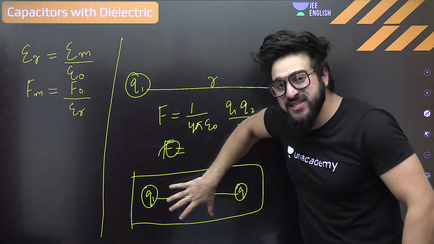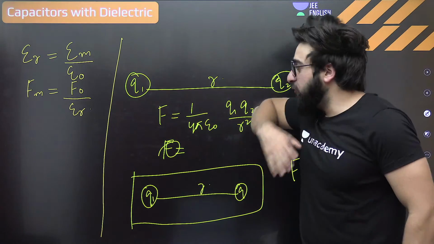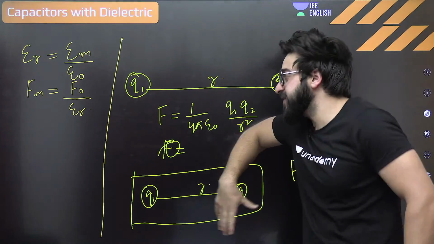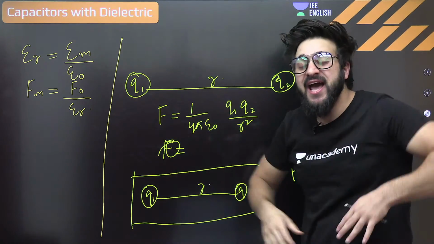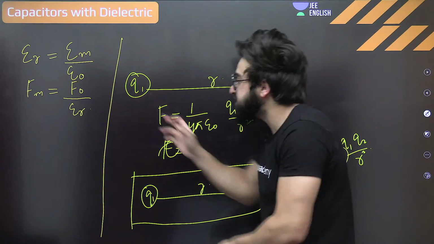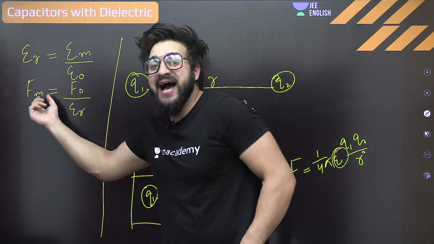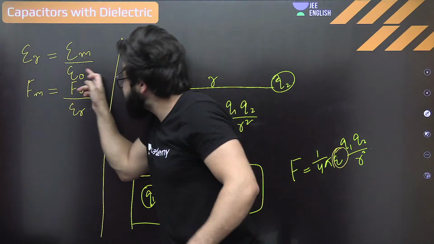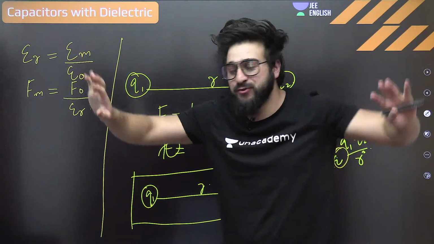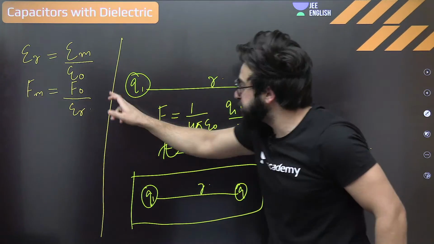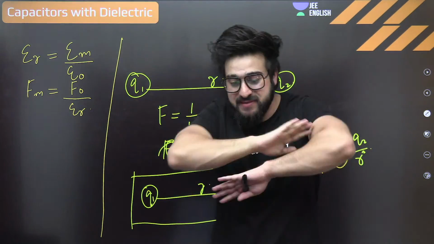The force in this medium will be the force in air divided by what? Relative permittivity. Understand? How much force has been decreased? This equation is telling you how much force has been decreased in any medium as compared to the force in free space, because the force in free space we take as larger as compared to any other medium. So this relative permittivity, simple.